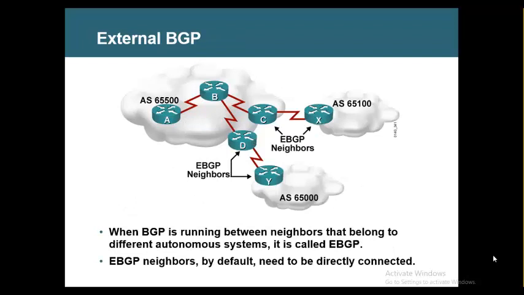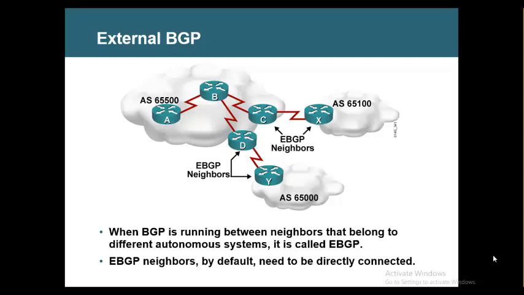Now, eBGP is External Border Gateway Protocol. When we run BGP between the routers that belong to different autonomous systems, in our example here, router D and router Y, they don't partake in the same autonomous system.